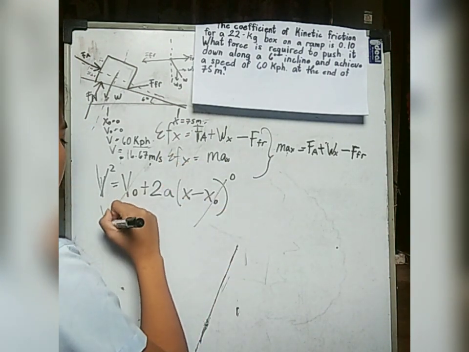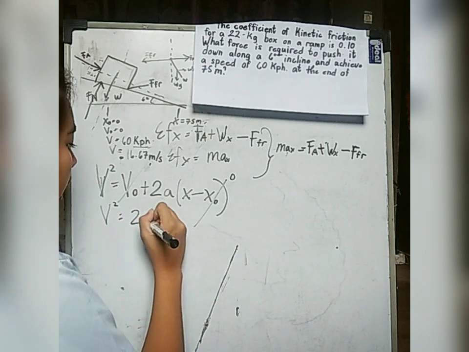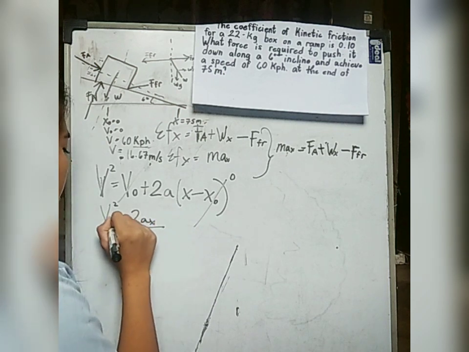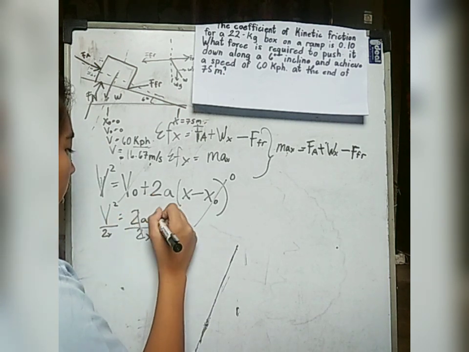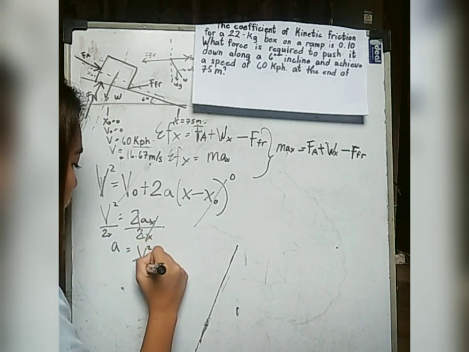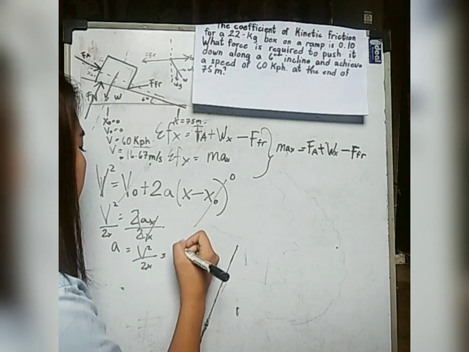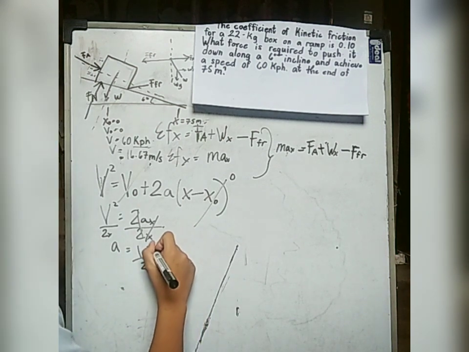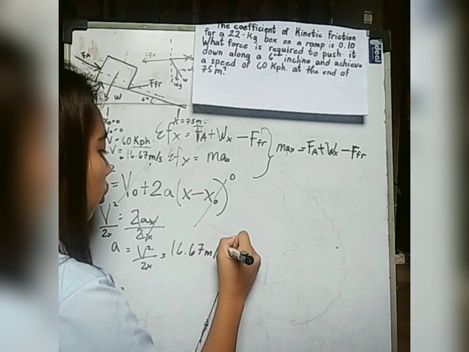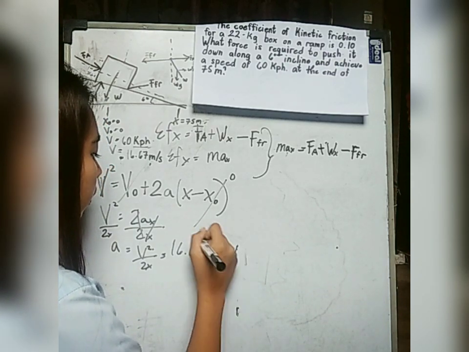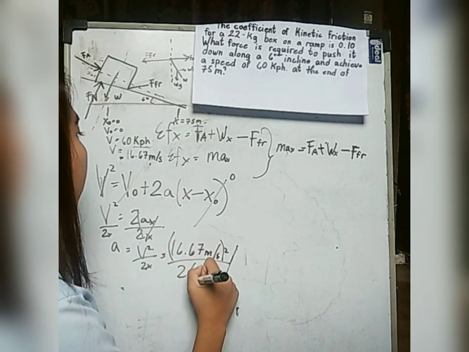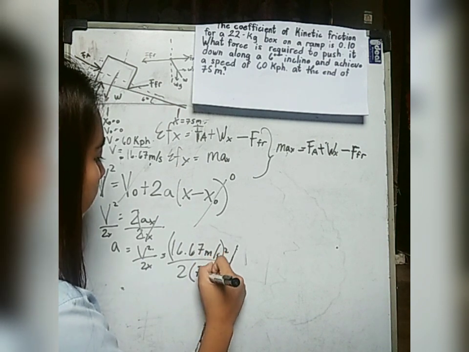So, V squared is equals to 2AX. So, hinahanap natin yung A. So, ngayon, acceleration is equals to V squared over 2X. So, equal na siya ngayon kay V squared natin, yung V natin is 16.67 meter per second, squared, over 2 multiplied by 75 meter.